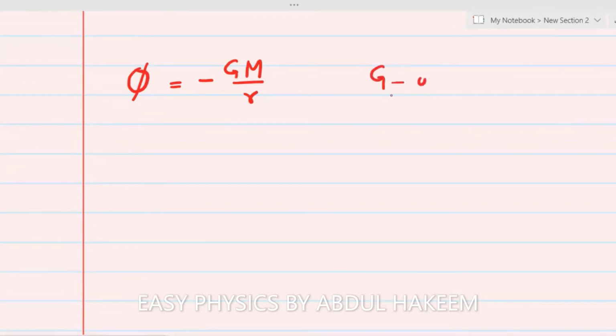Okay, so we have done that gravitational potential, which is phi, is equal to minus GM over r. G capital is the universal gravitational constant, and M is the mass of the planet.